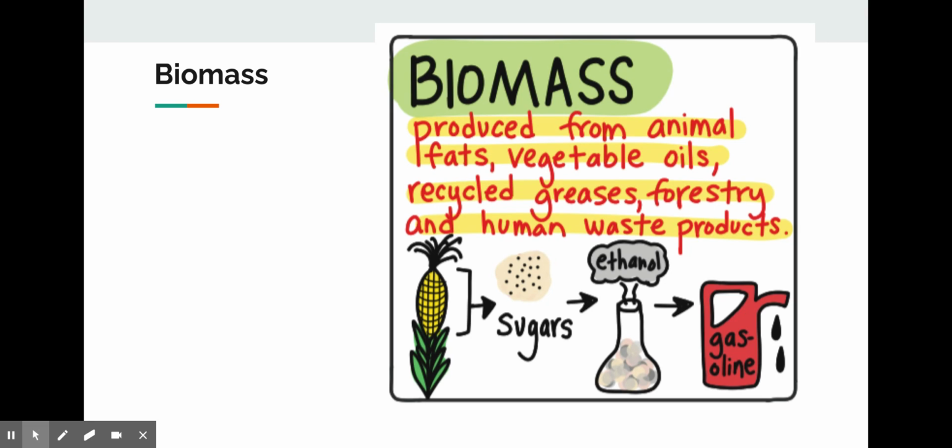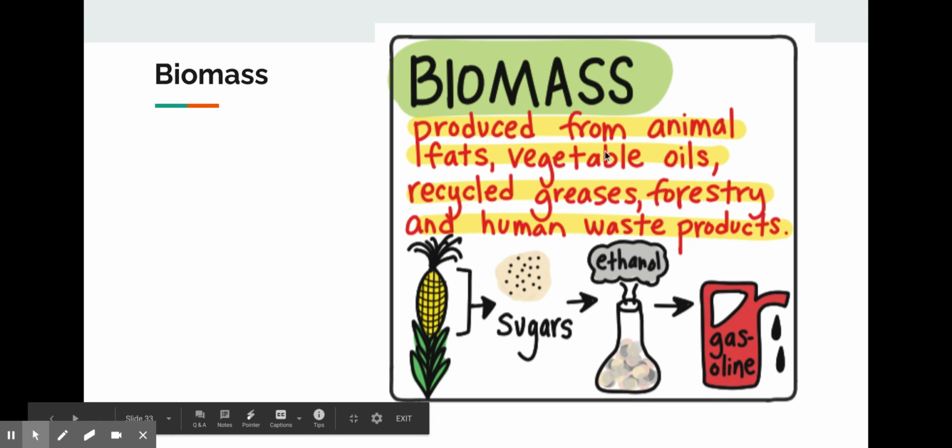Any kind of fried food. People can collect that, and if your vehicle is calibrated or set up the correct way, you can actually use that vegetable oil or fat waste to run your car. So that's like your recycled greases. You can also do this with vegetable oils and fats.